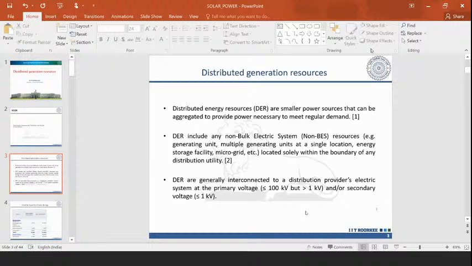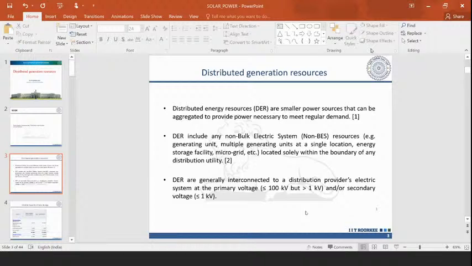So it can be connected to the secondary voltage level and the primary voltage level. The point is its generating capacity is not more than 50 megawatt. That is the last boundary or target of this microgrid concept or DER concept.